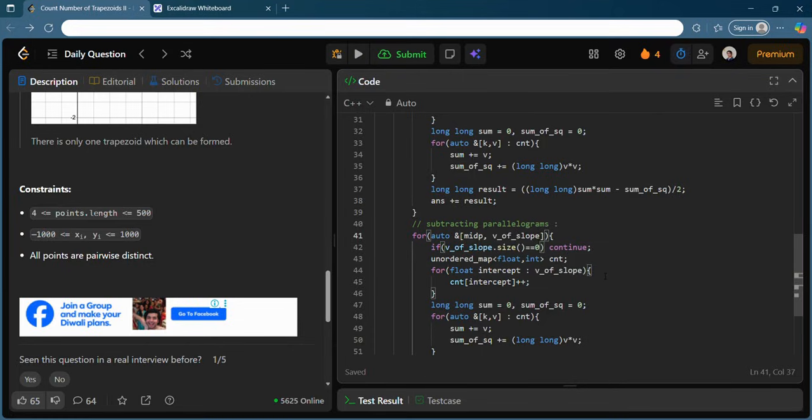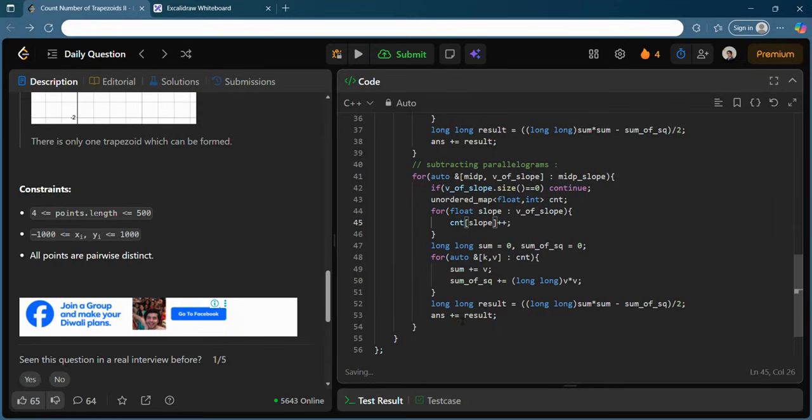You can call it vector of slope, and from this it is nothing but midpoint to slope. And if this vector of slope is 0, you just have the same thing, and instead of intercept I will call it slope. I hope that much is trivial. I do the same thing, and instead of adding I subtract the count of parallelograms, and I simply return answer.